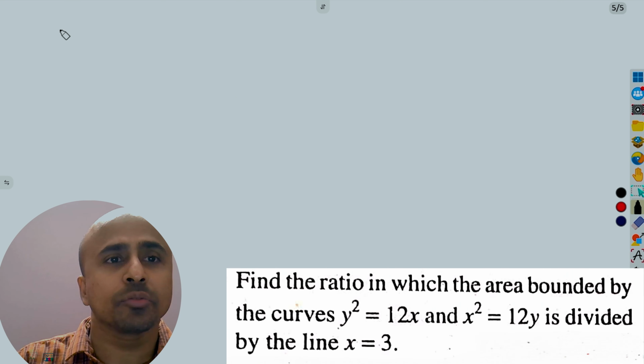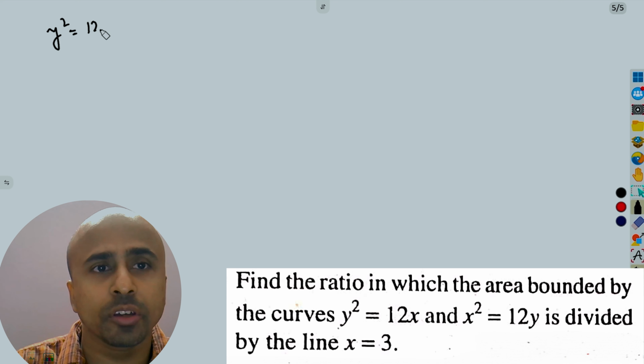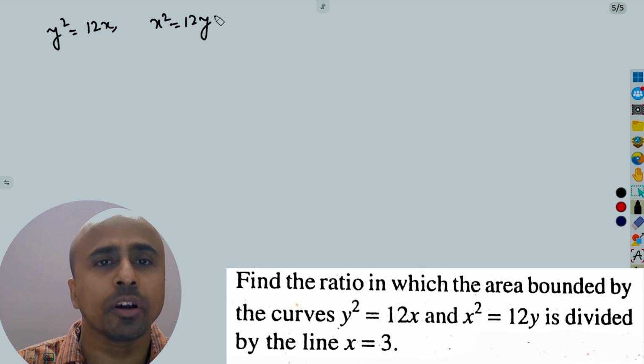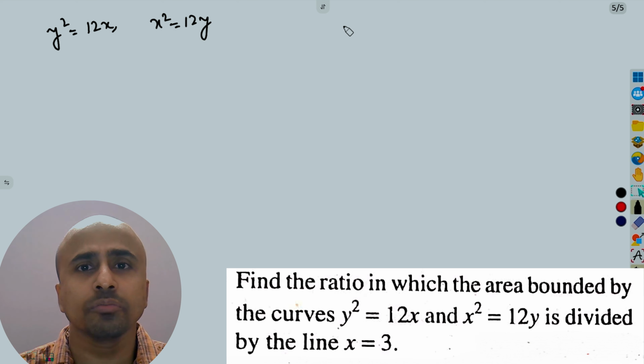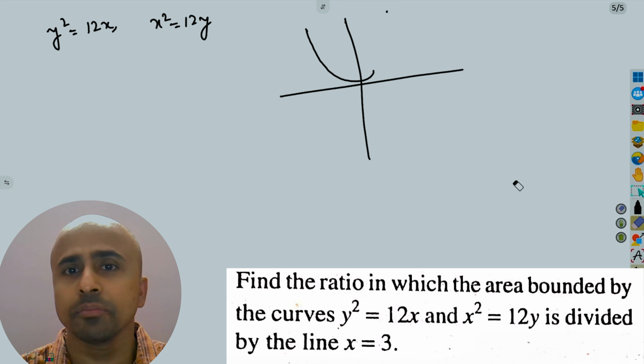In this case, we have two parabolas given, y square equal 12x and x square equal 12y. It is pretty straightforward now after the earlier problem, because we did the same problem earlier, right? We know how to compute the area between two curves.